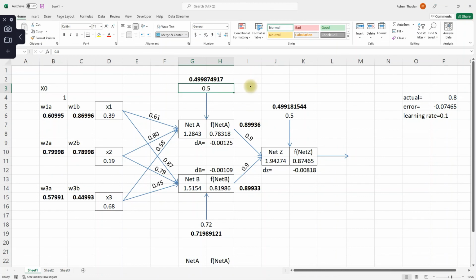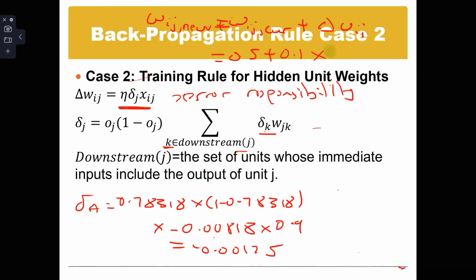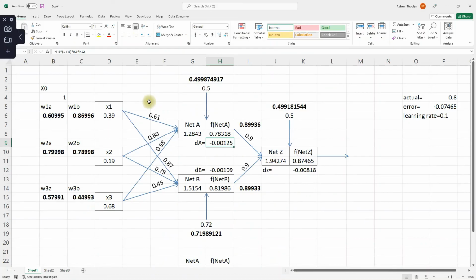So delta A is, as you observe here, negative 0.00125, multiplied by what? Multiplied by xij. Xij is what? We're talking about j representing A. So xij will depend on what node we are referring to here.